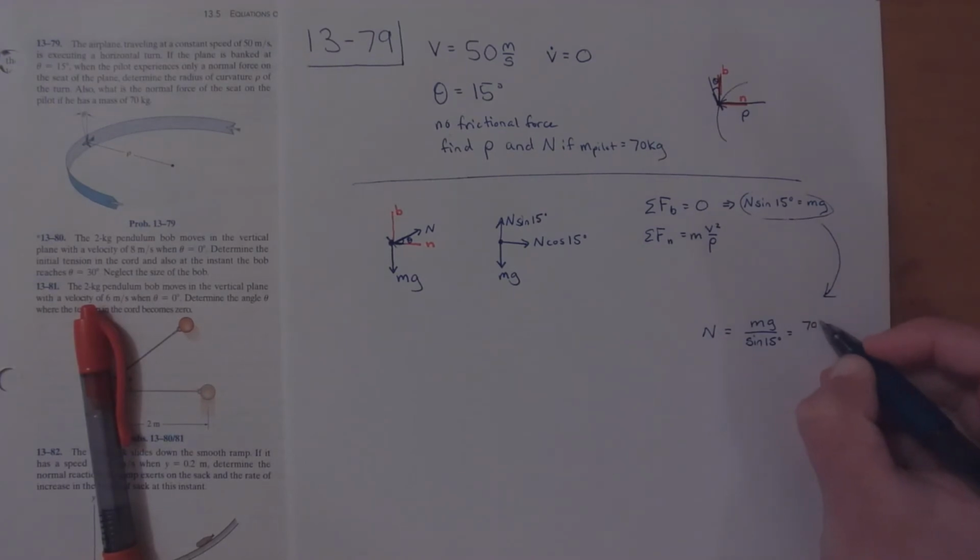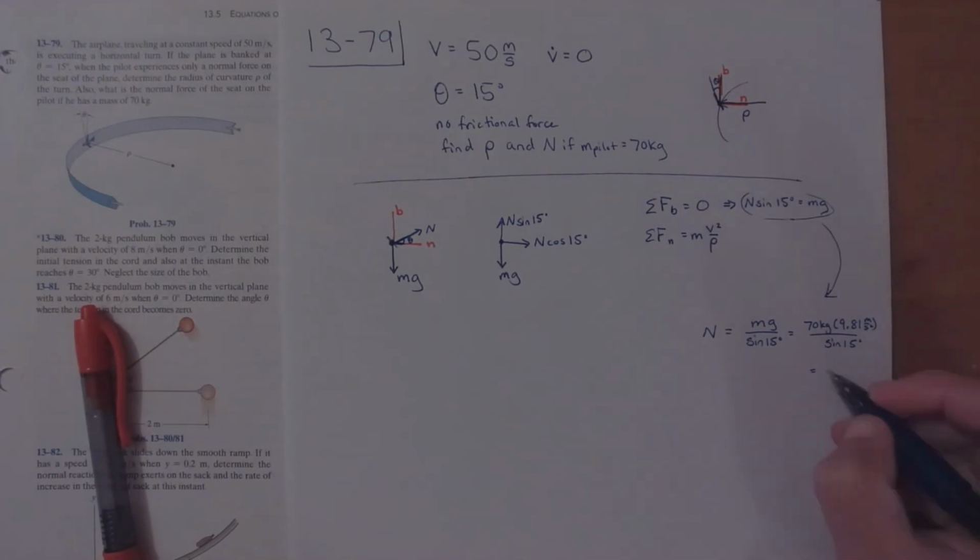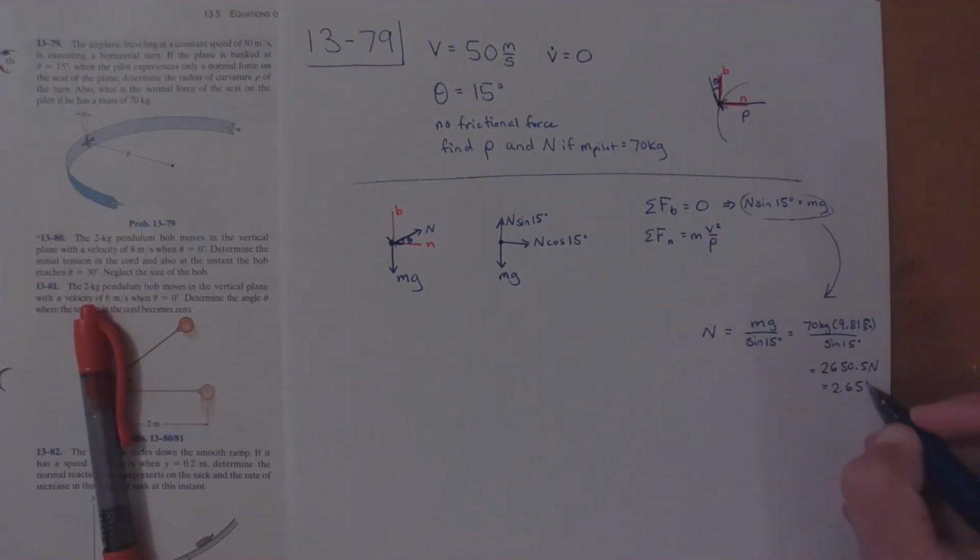The mass is 70 kilograms. g is 9.81 meters per second squared, and thus the normal force is 2,650.5 newtons, or we can say 2.65 kilonewtons.